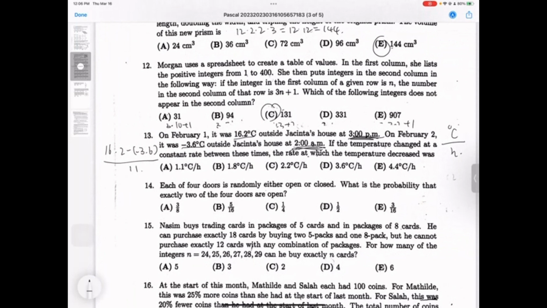We know that from 3 p.m. to 3 a.m. is 12 hours. So 2 a.m. is just 1 hour less than 3 a.m. So here is 11 hours from 3 p.m. to 2 a.m. So that is 11.